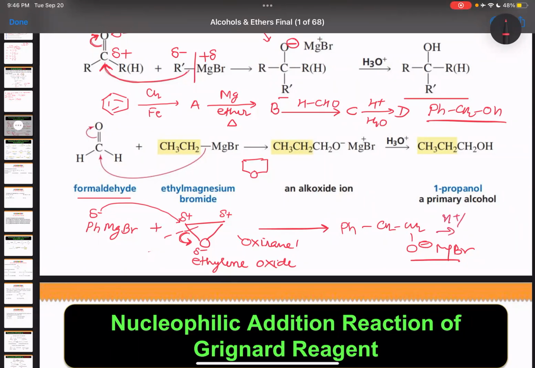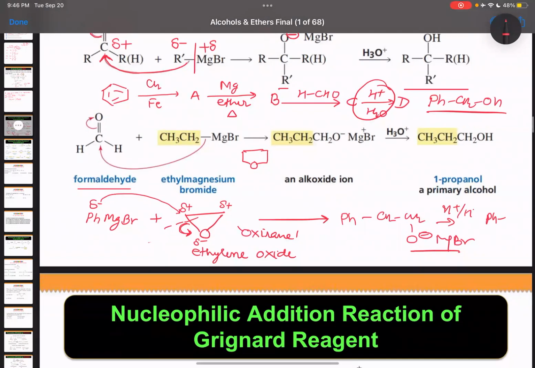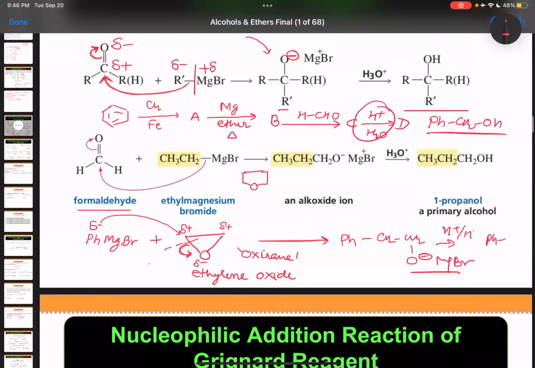In the last step, you put H plus, H2O. So if you want to make an alcohol with two more carbon atoms, you need to take CH2-CH2O. That is actually the ethylene oxide. Clear?